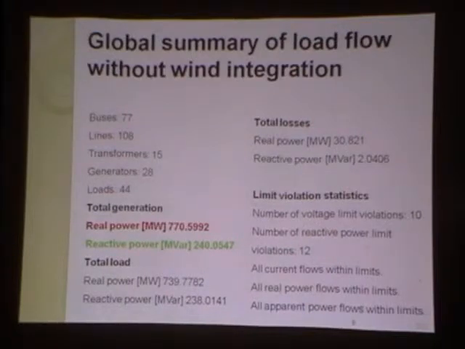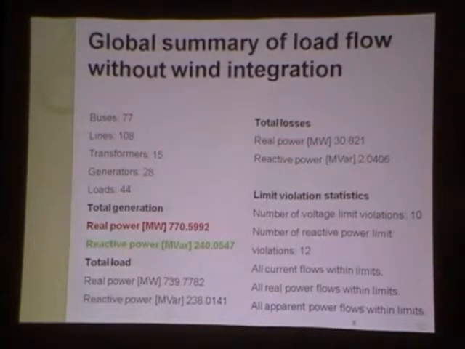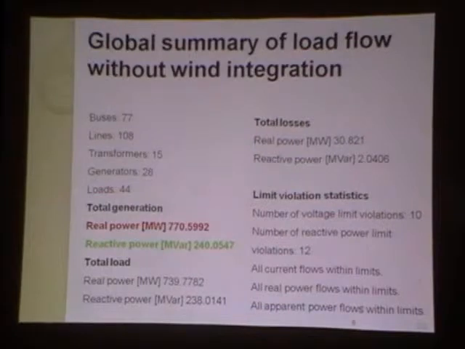In this analysis, all those losses and other things were supplied by the slack bus, so it seems generation is more. But in the present scenario, we have more than 812 megawatt of demand in our network. So we have more than 180 megawatt of power deficit in the network, which is managed by load shedding. So hope we can supply that power.